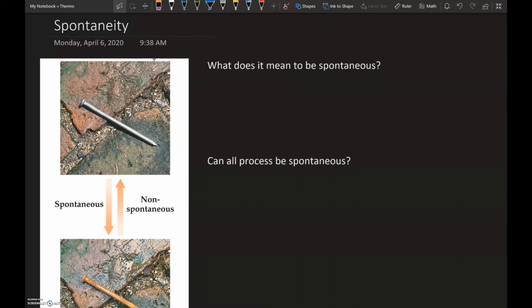spontaneity. The first thing we want to do is ask, what does it mean? Spontaneity just refers to the term spontaneous. Spontaneous just means that it's something that's going to happen on its own without any outside intervention.